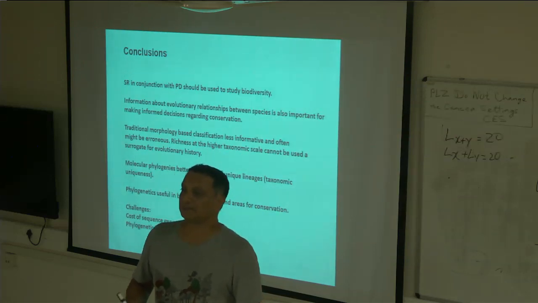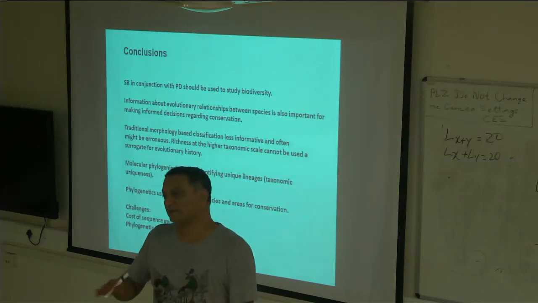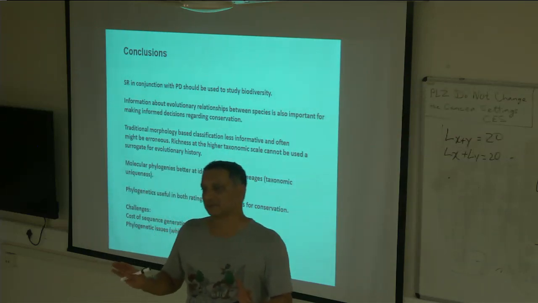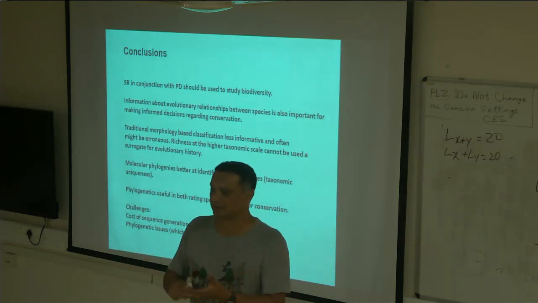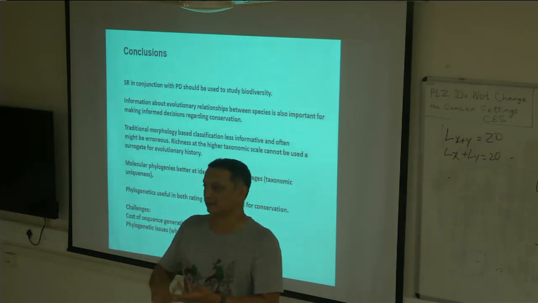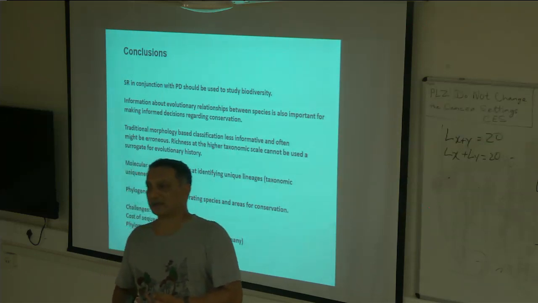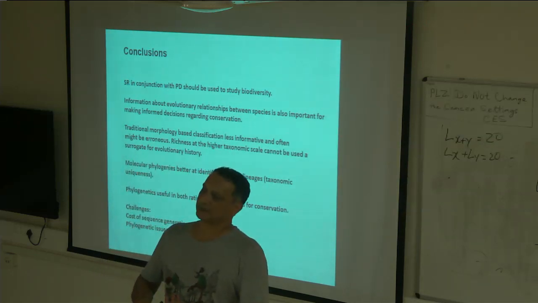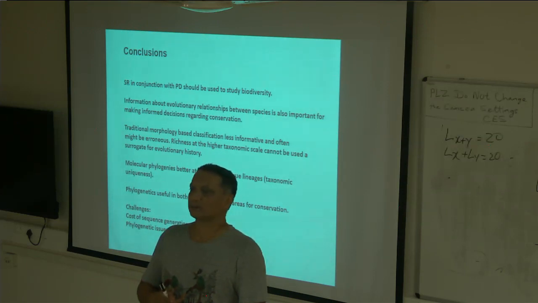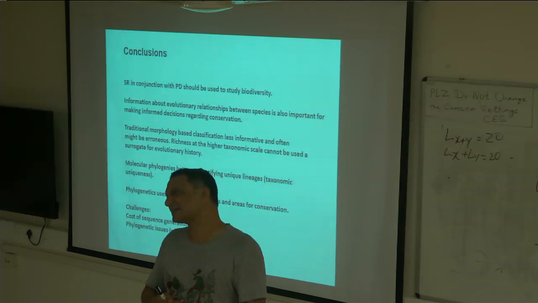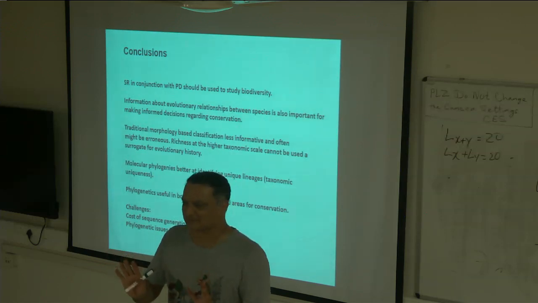But you see, even when we are just taking species richness, what usually people look at: birds, mammals, maybe butterflies, reptiles and amphibians to a certain extent. Insects also. Insects, butterflies at the most.